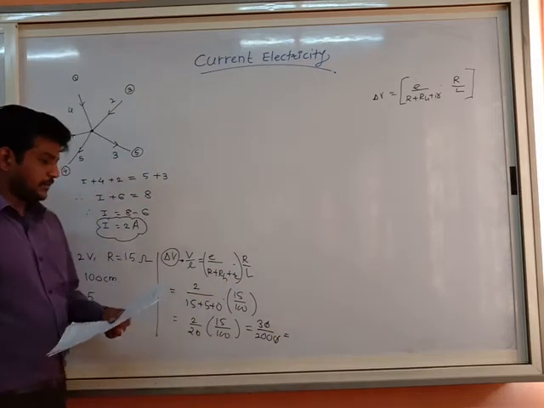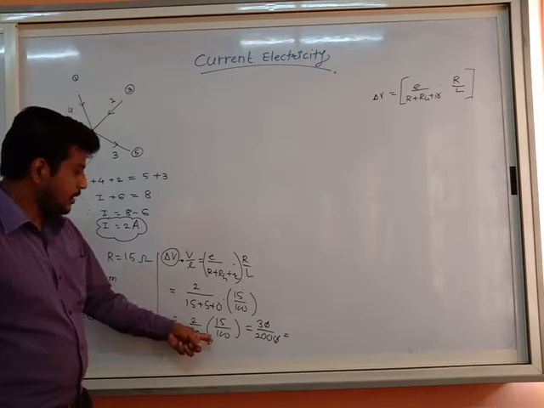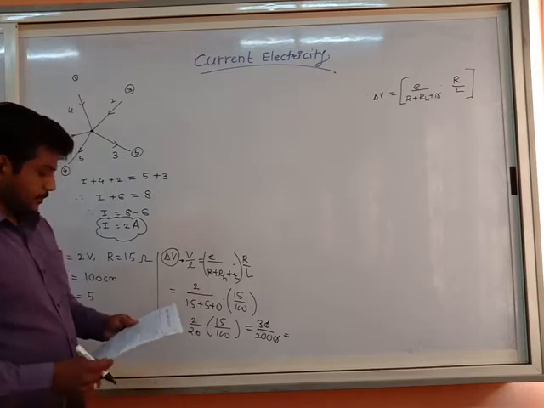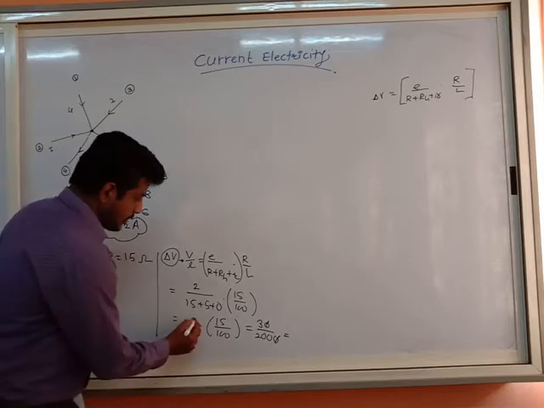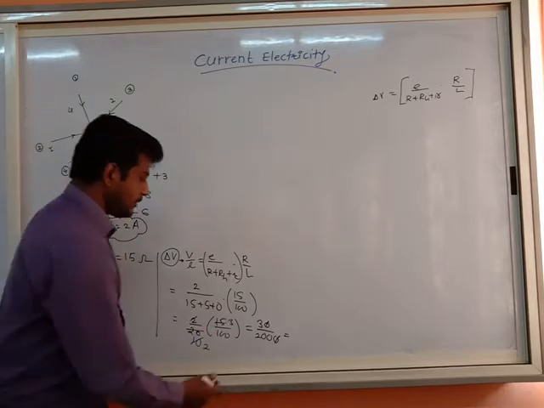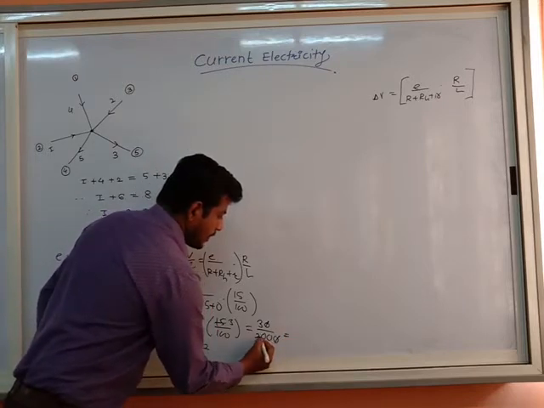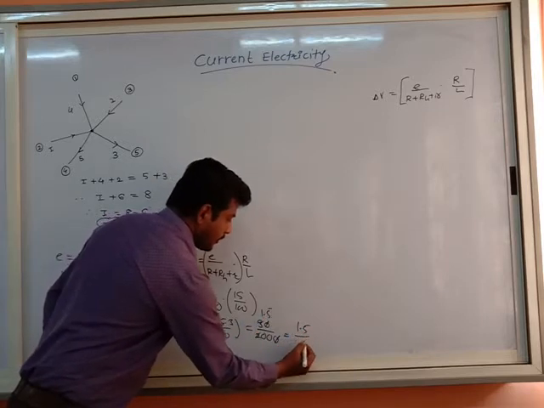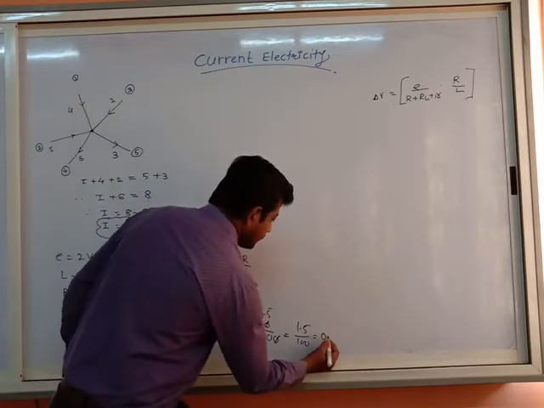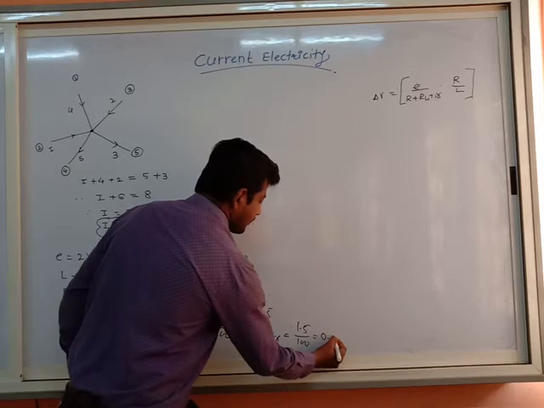So 2 by 20 into 15 by 100 gives 3 by 200, which is 0.015.